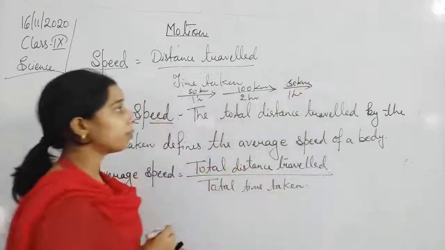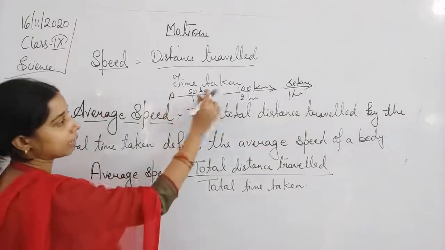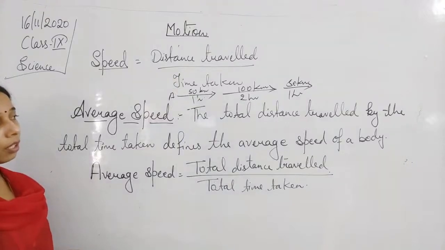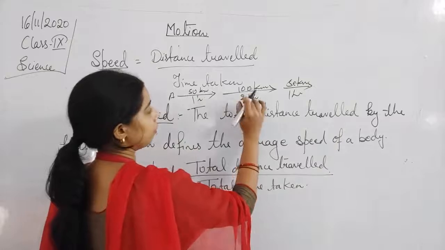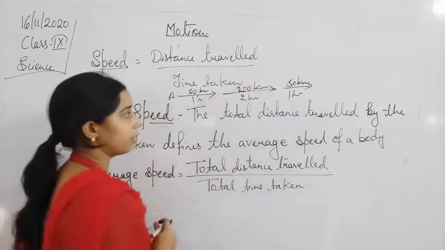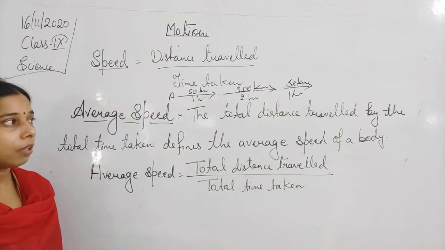So you see students, from A to B, in the first hour it travels 50 kilometer, then in the other 2 hours it travels 100 kilometer. If it travels 200 kilometer, and then it travels 50 kilometer again in 1 hour.